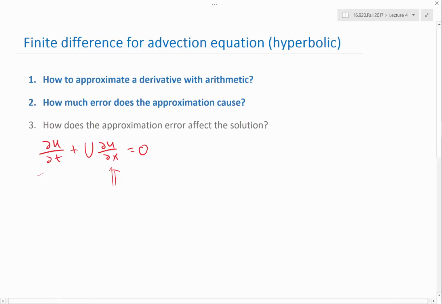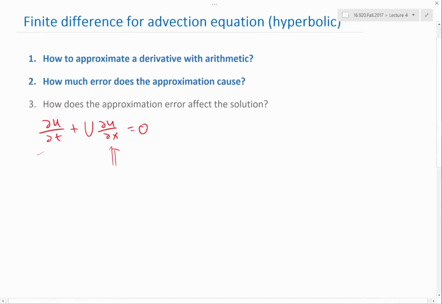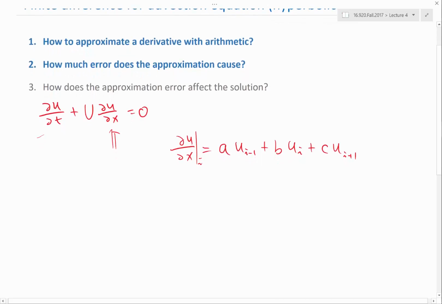To derive this, we use the same trick as we did before. We say partial u partial x is equal to an unknown a times u of i minus 1, plus an unknown b times u i, plus an unknown c times u i plus 1. Then we do Taylor series analysis.